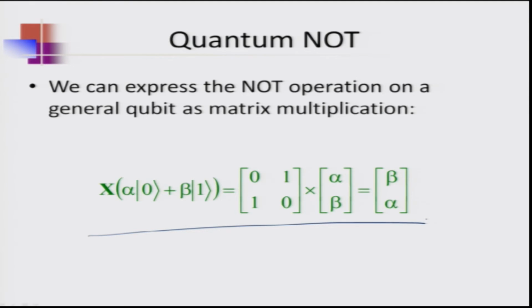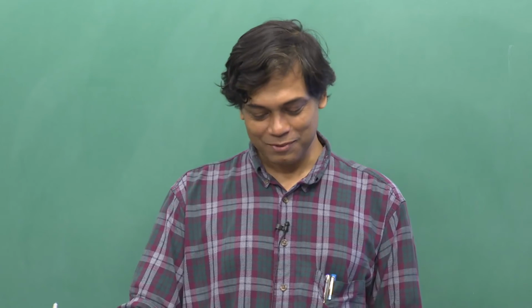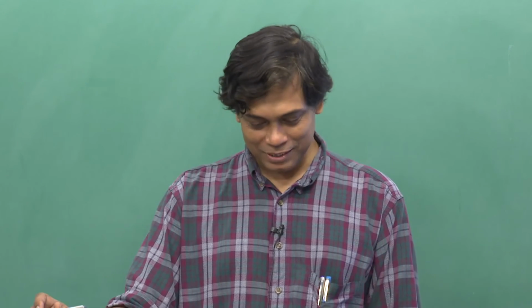So, that is why your NOT operator X is working properly as a quantum gate. Okay. And you can immediately see that NOT was a good one to take, because NOT is one of the classical gates which is reversible. So, I specifically chose one to start with which is reversible. It makes sense, everything goes well.